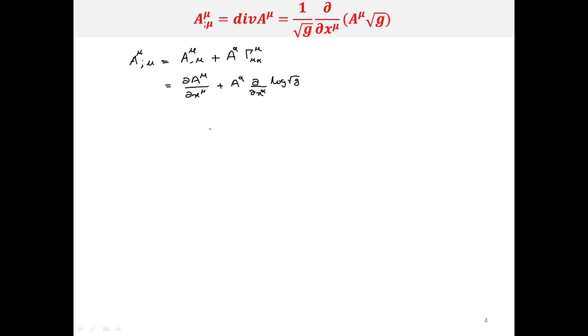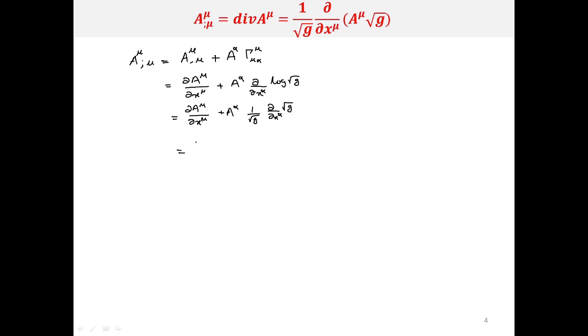Okay, we can write it as ∂A^μ by ∂x^μ plus A^α into the derivative of log root g. Derivative of log root g is, log x derivative is 1 by x, so it will be 1 by root g into ∂ by ∂x^α of root g.